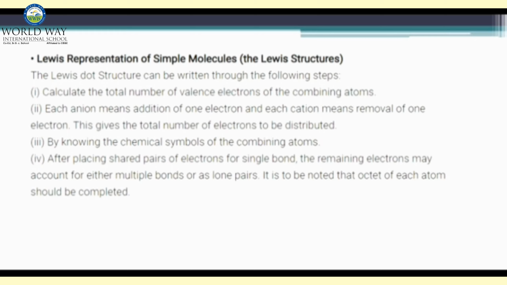After knowing the chemical symbols of the combining atoms, we will place the shared pair of electrons for the single bond, and the remaining electrons may occur in the form of lone pairs or multiple bonds. It is also to be noted that the octet of each atom must be completed to achieve stable noble gas electronic configuration.